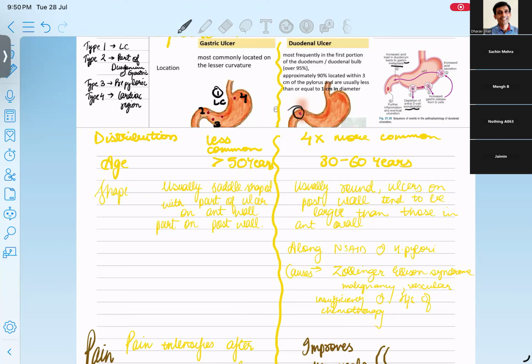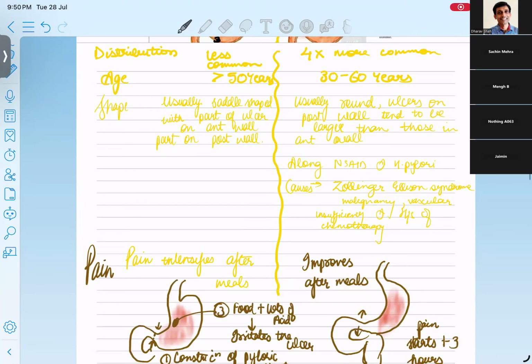And duodenal ulcers are usually round, where ulcers are more present on the posterior wall and are larger than those in the anterior wall. Both of them have common causes, which we have studied above. In duodenal ulcers, Zollinger-Ellison syndrome, malignancy, vascular insufficiency, and history of any chemotherapy are also few of the added causes.